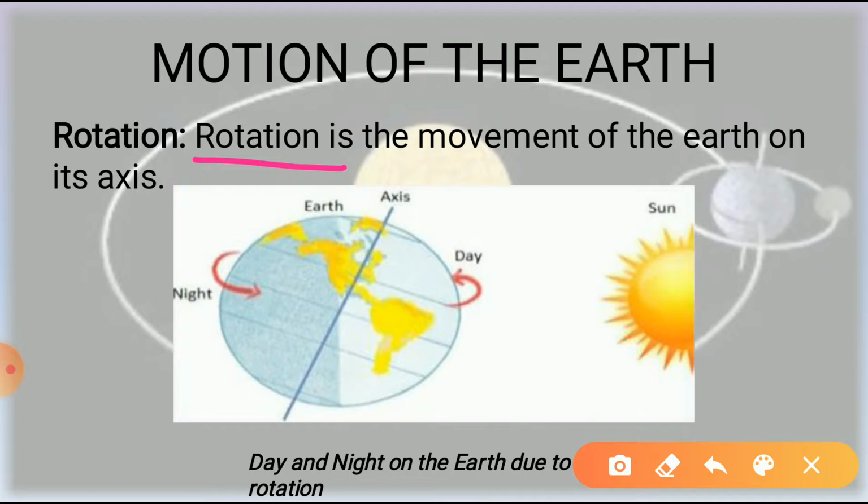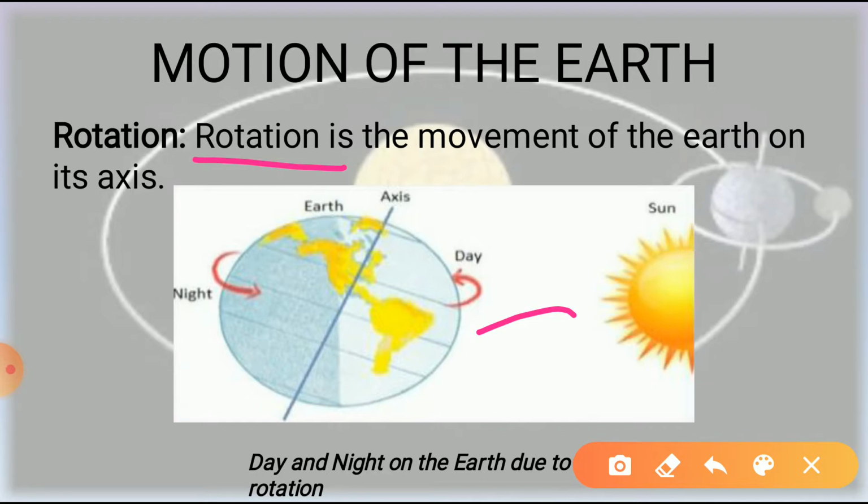And when the earth rotates on its own axis, only one portion of the earth's surface comes into the rays of the sun and experiences daylight. The other portion, which is away from the sun rays, will be in darkness.